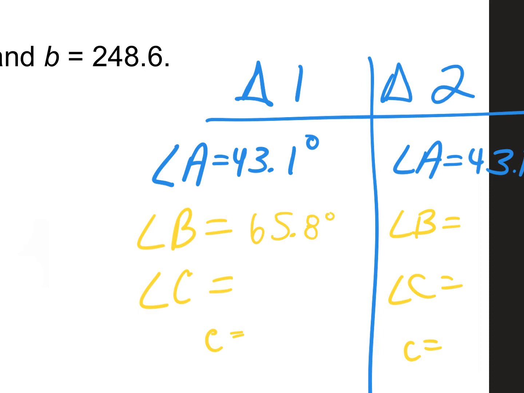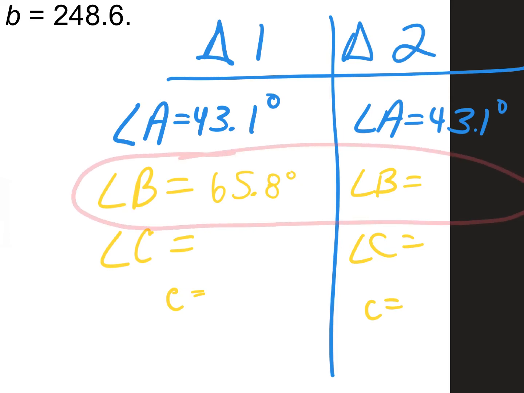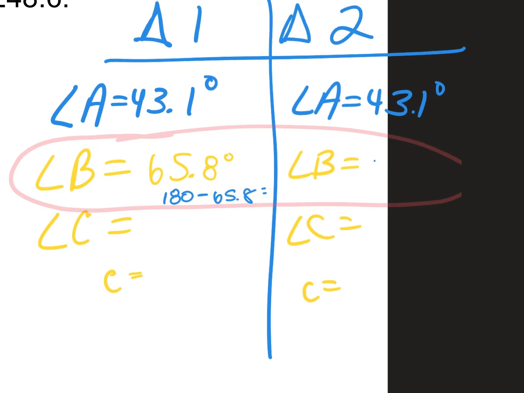All right, so up here, I'm going to say angle B is 65.8 degrees. So to see if there is a second triangle present, we have to take the first angle that we find, right? We were given one, now we're going to take the first angle that we find and find the supplement to it. So 180 minus 65.8, 114.2 degrees.